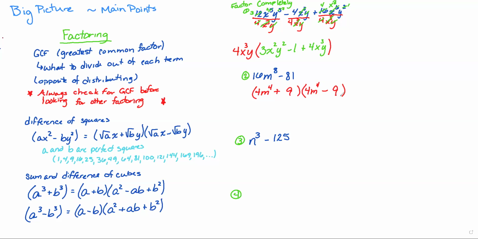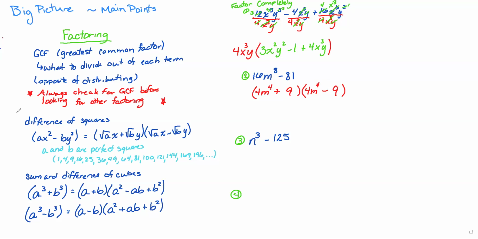Now, I do have to double check when I am doing a difference of squares or any of the other ones that my parentheses aren't still a difference of squares or anything special. The plus sign means it's not for the first one, but I have a minus sign here. And if I look at it, 4 and 9, those are perfect squares. My exponent is still even.